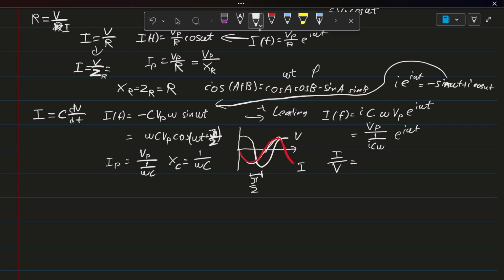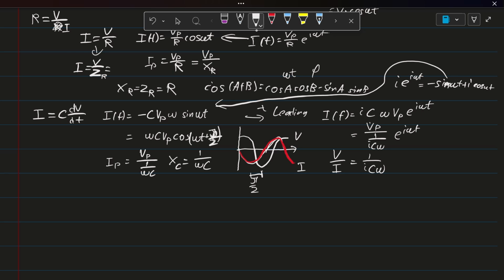And taking the v over i, we would obtain this to be 1 over i c omega, or 1 over i omega c. And from this, you could see that there is this imaginary part, which describes the lag.